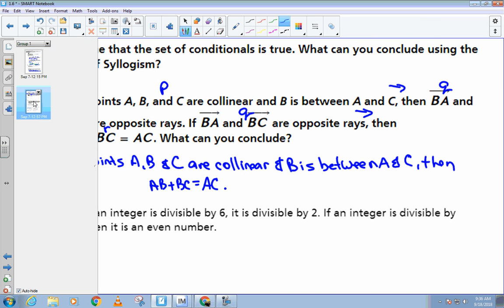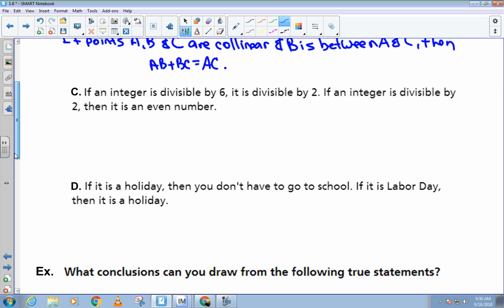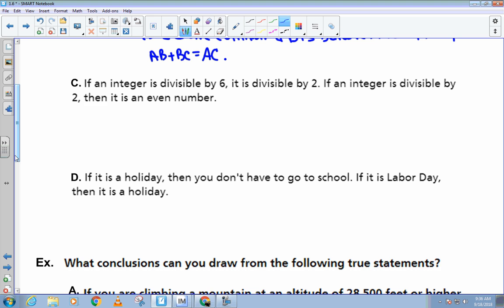Here's another one. If an integer is divisible by 6, then it is divisible by 2. If an integer is divisible by 2, then it is an even number. So what would your conclusion be? If an integer is divisible by 6, then it is an even number.